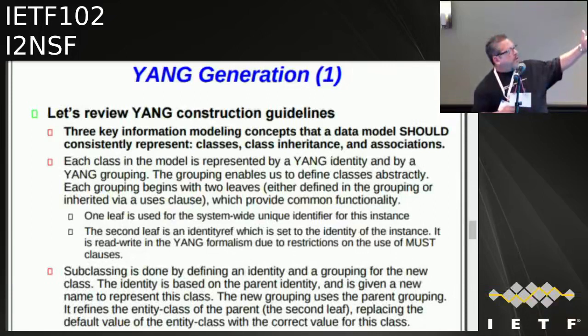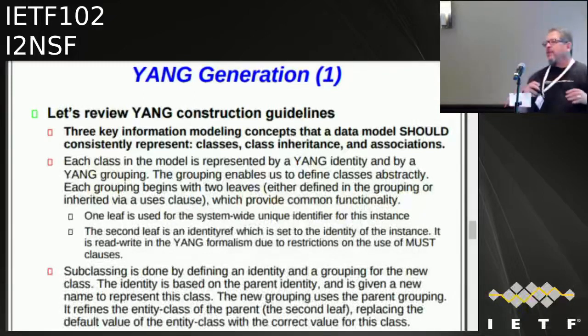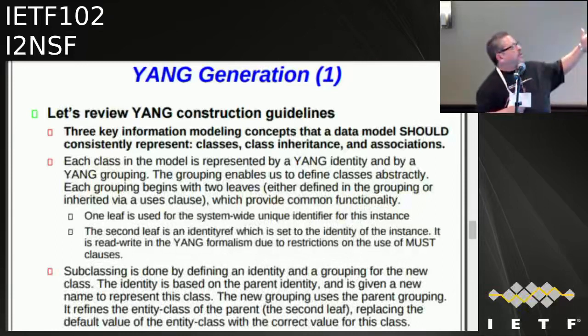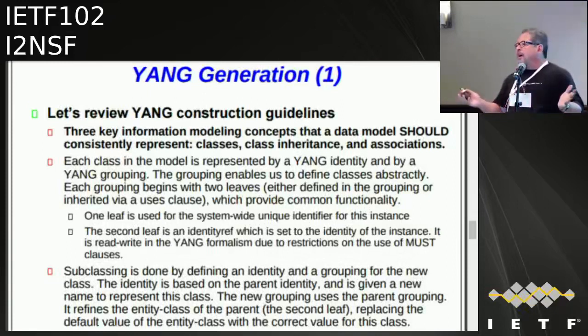Now, when we build a class, and this is a summary from the work that we did in SUPA, we use an identity and a grouping. Why? Well, how else can you tell whose parent this current Yang leaf is?